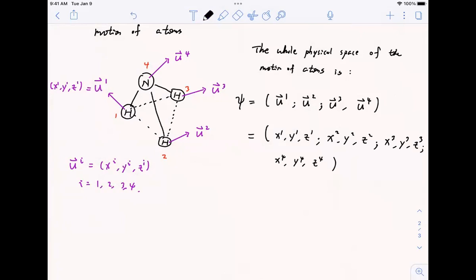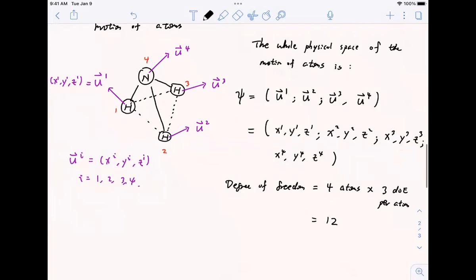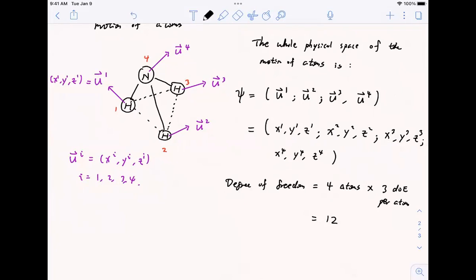So totally the degrees of freedom is 4 atoms times 3 degrees of freedom per atom, so it's totally 12. This is always the case: you count the number of atoms in the molecule and times 3. That's the total number of degrees of freedom.